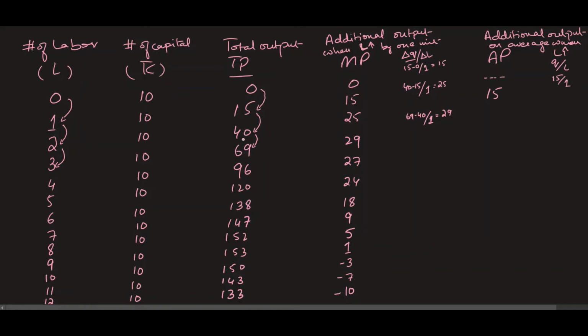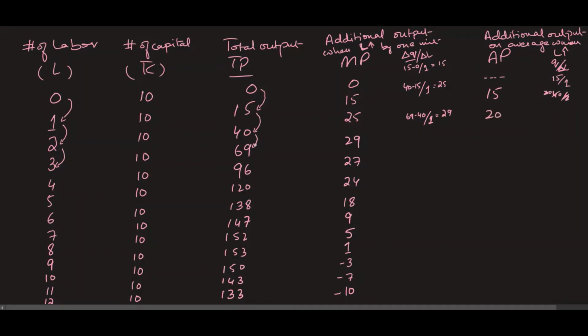Now just focus on this one. You have 40, and we're not talking about change here. ठीक है, हम change की बात नहीं कर रहे, हम total की बात कर रहे हैं. This total output is coming from the total labor which I am hiring, and the total labor at this total output is 2.